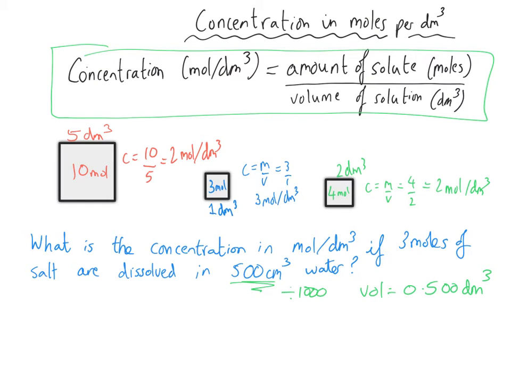And then we just have to use the equation in the exact same format that it is at the top of this page, which is that concentration is moles divided by volume, because we've been told that there are 3 moles, and we've now calculated that the volume is 0.5, and so the answer to this is 3 divided by 0.5, which is 6 moles per cubic decimeter.